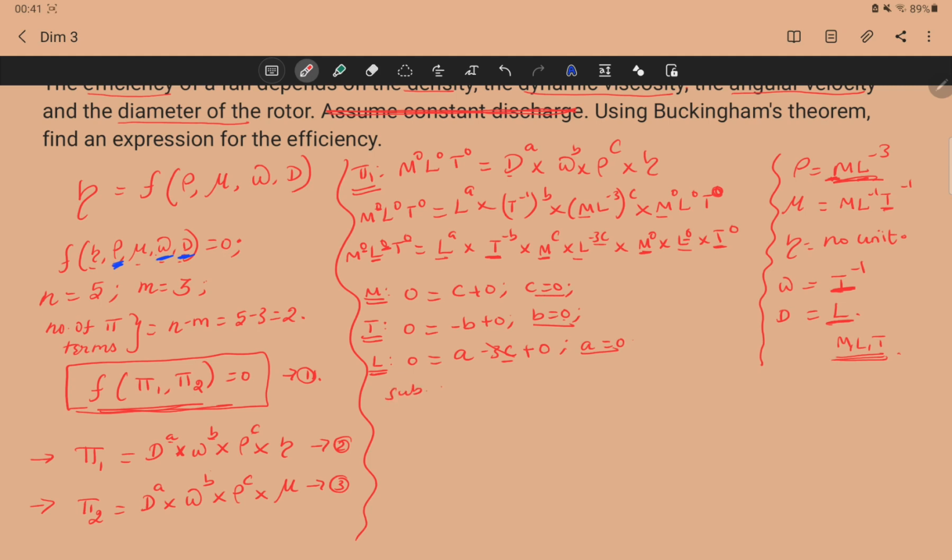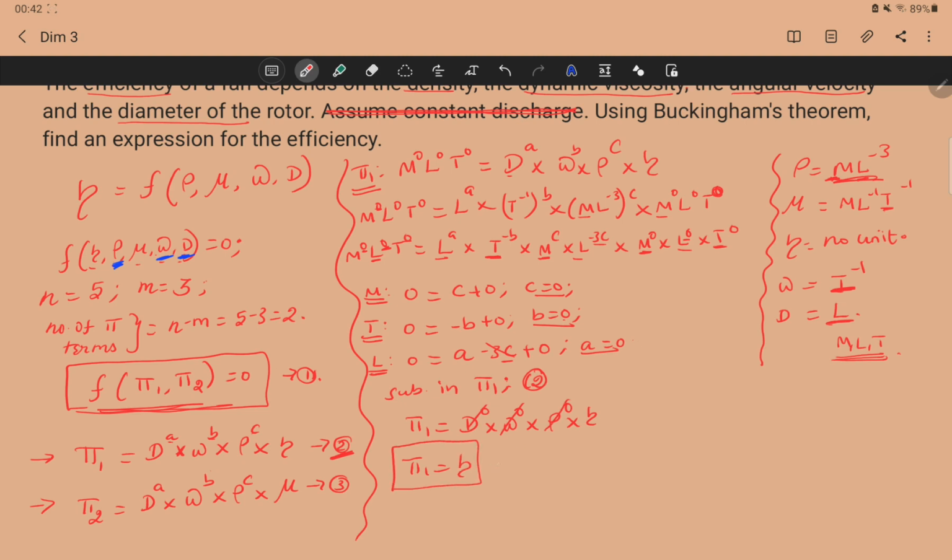So substitute in pi 1. If we substitute in pi 1, which is nothing but equation 2, if you think of it. Pi 1 is equation 2 here. So if I substitute it, pi 1 equals d power 0 times omega power 0 times rho power 0 times efficiency, which means pi 1 equals 1 1 1 efficiency.